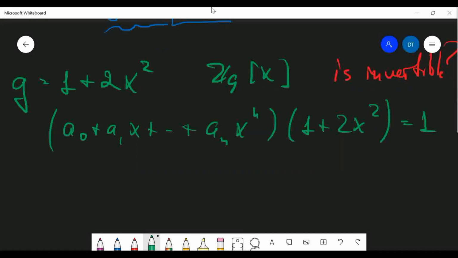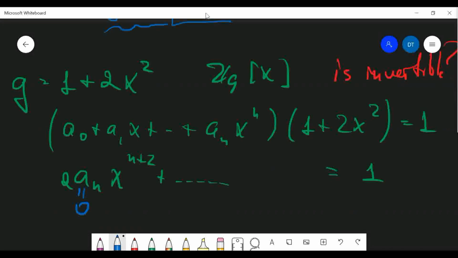But now, if you multiply the left-hand side, you will get something like 2an x to the n plus 2 plus the tail. And this must be 1. And this is the equality of two polynomials. The left-hand side is a polynomial of degree n plus 2, and the right-hand side is a polynomial of degree 0. It's just 1. So this simply means that an must be 0.